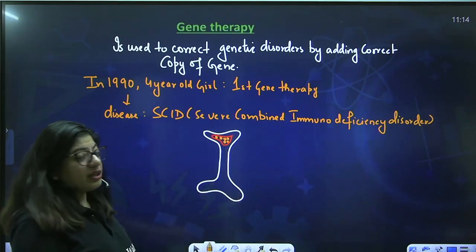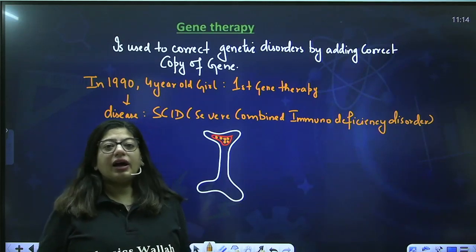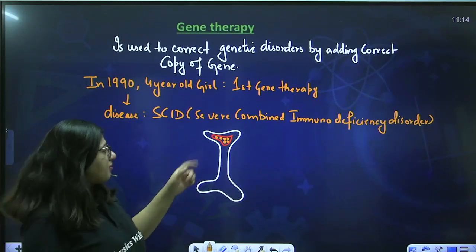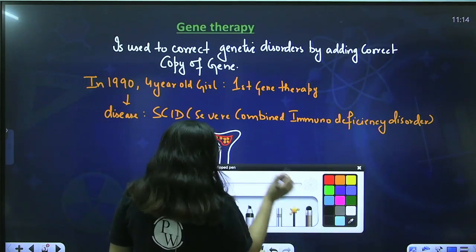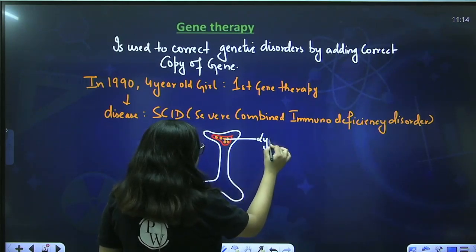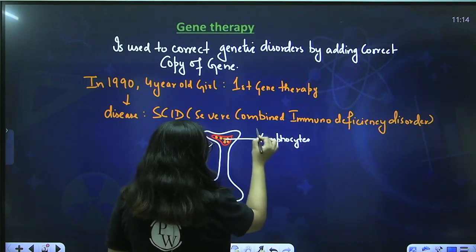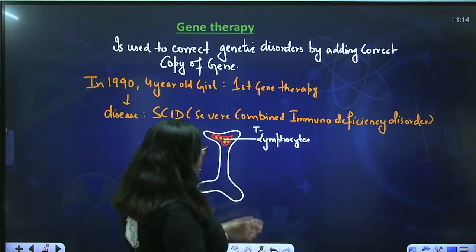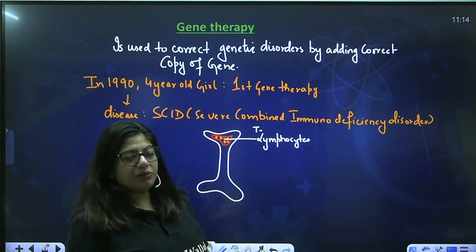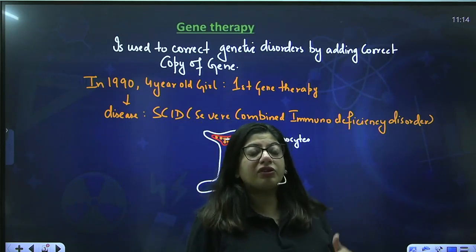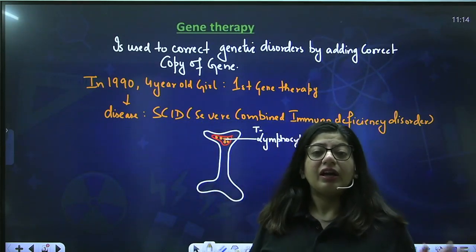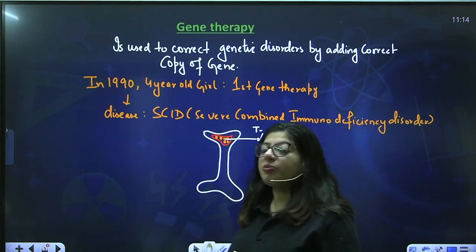Imagine these cells are your lymphocytes, a type of WBC. And which lymphocyte? T lymphocyte. If these T lymphocytes want to get mature, formed, and proliferated, we need one enzyme for their proliferation.